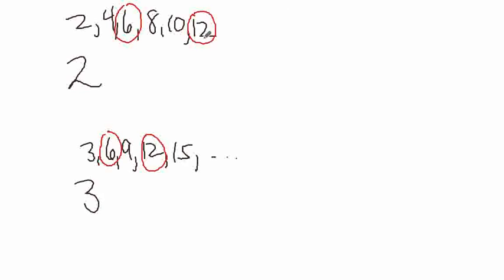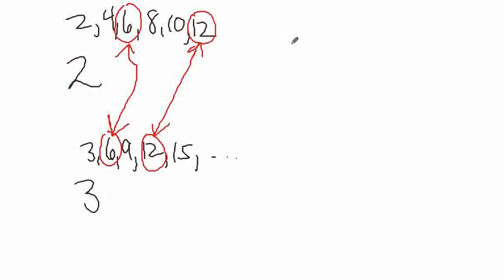So we have common multiples like 18, like 12, all right? The smallest multiple that's common to both, of course, is the 6, okay? So that's the least common multiple.